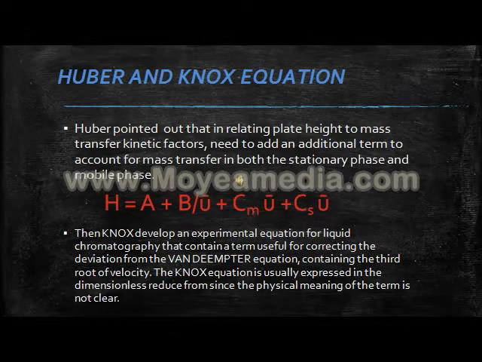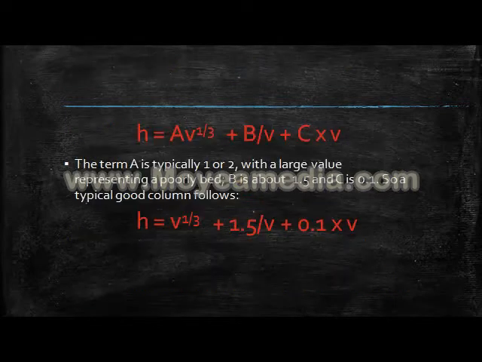Then the Horváth and Knox equation. This equation came into existence in order to correct the deviation from the Van Deemter equation. The Knox equation is usually expressed in dimensionless reduced form, since the physical meaning of the terms is not clear.